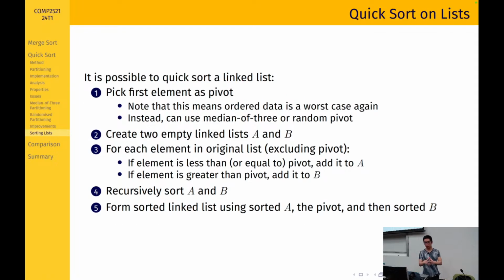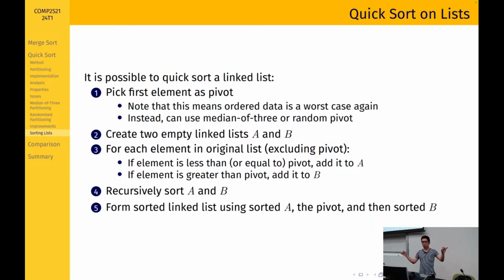So just like with merge sort, we can quicksort linked lists. I might add a diagram for this later, but how would it work? You would pick the first element as your pivot. Or if you want to, you could pick a random element as the pivot, but that's going to add to the cost of finding the pivot. You can use median of 3 or a random pivot if you want. Then you create 2 new empty linked lists.